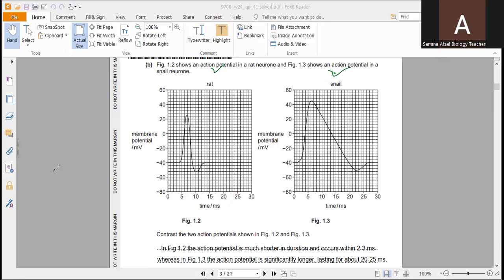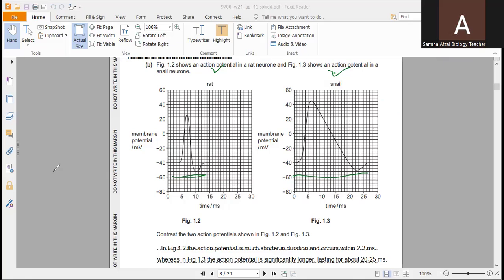Whereas in the snail, the action potential is significantly longer, lasting about 20 to 25 milliseconds, and it takes a larger piece of time compared to the rat.